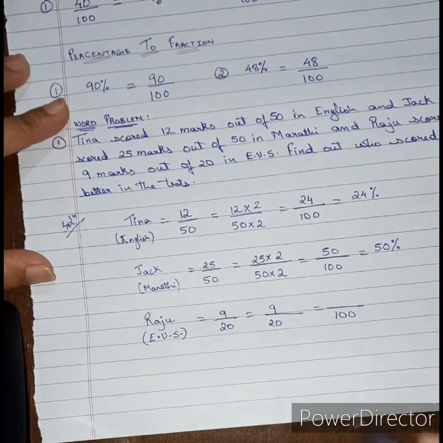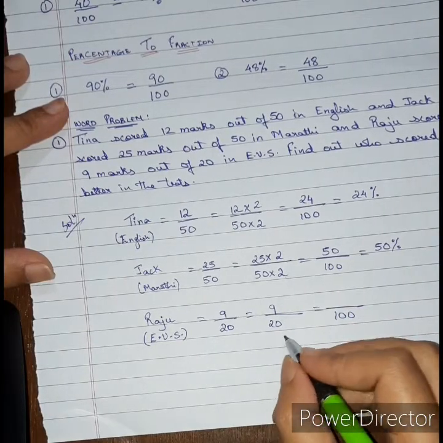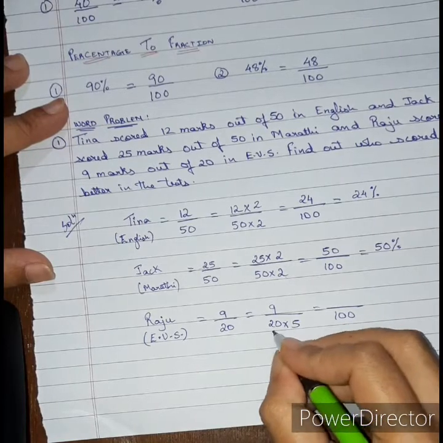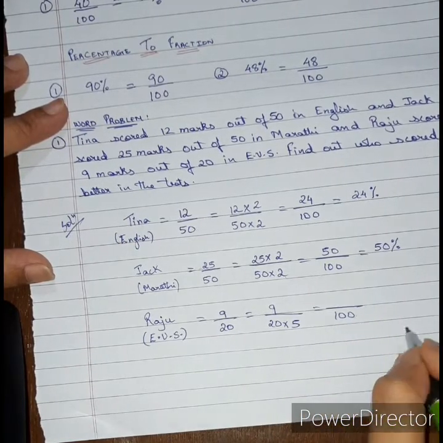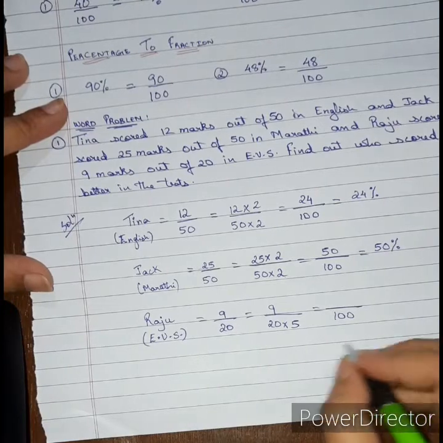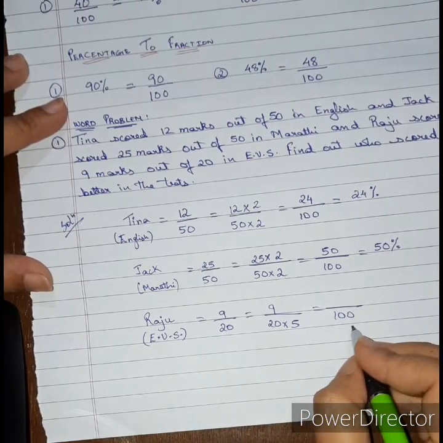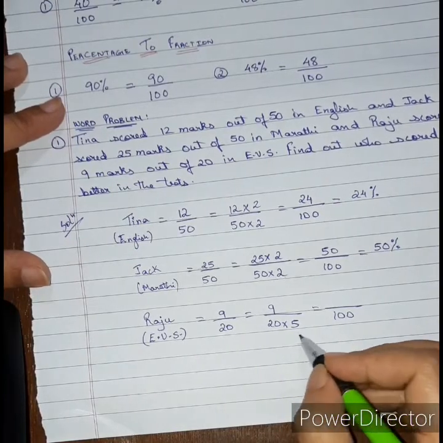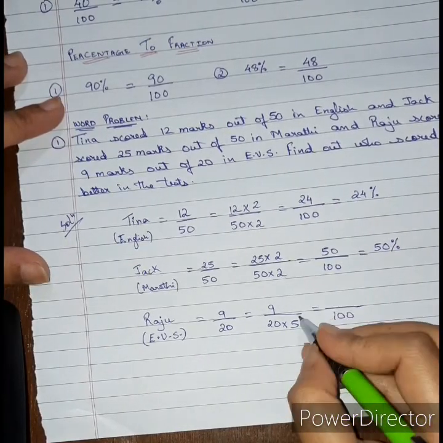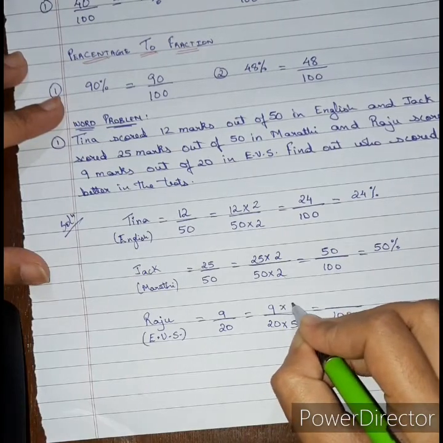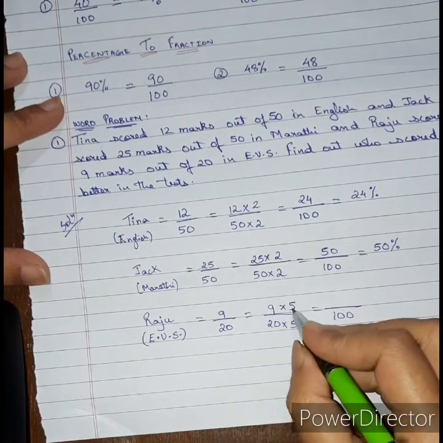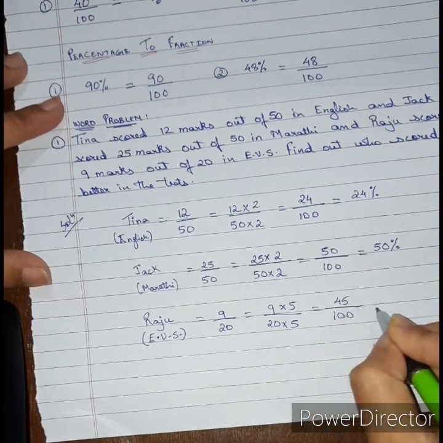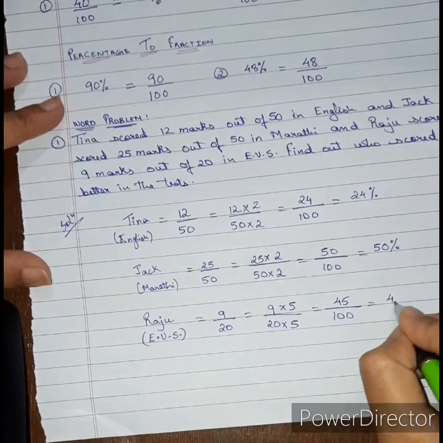So it will be 20 into what will give you 100? 5 twos gives you 10. So 20 into 5 gives you 100. You have to solve it in the rough and check which number 20 into what will give you 100. Okay, mostly 5. When there is a 0 in the ends, 5 will help you to get 100. Okay, so same number you give on top. Since you have given 5 here down, the same number. 9 5s are 45. So our percentage directly will be 45%.